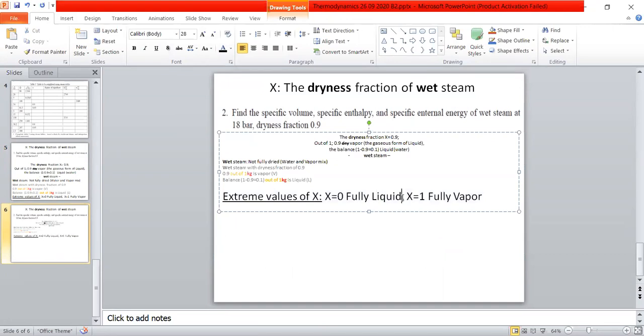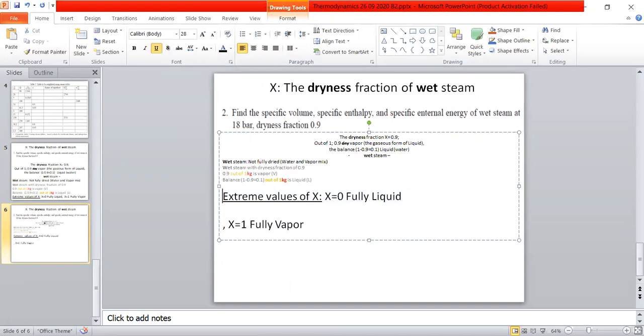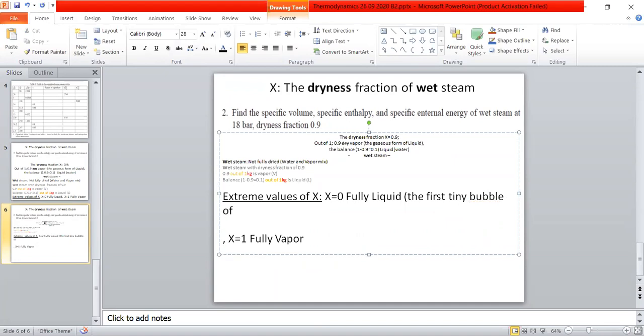Fully liquid means the first tiny bubble of vapor is about to form, which means the liquid is at boiling temperature.